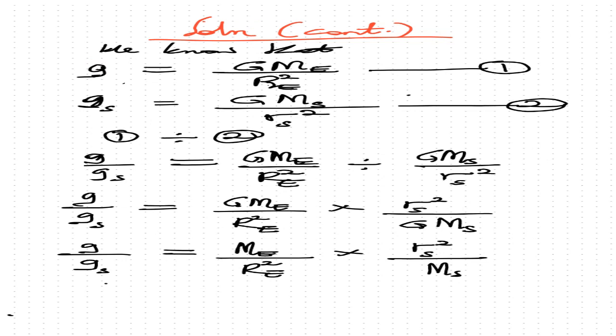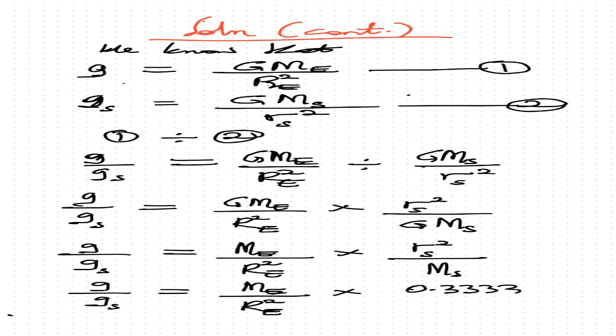This is going to give us G over GS equals ME over RE squared times 0.3333 RE, squared, all over 6 times ME.